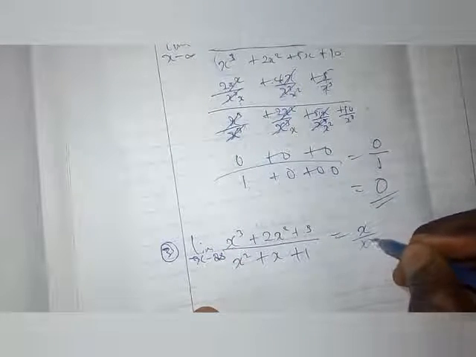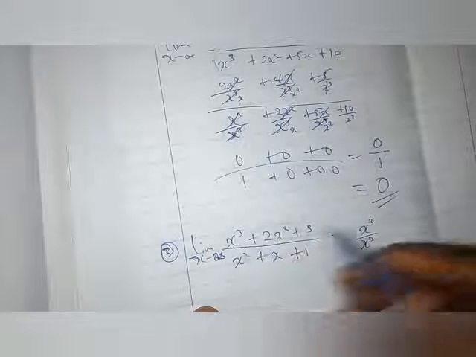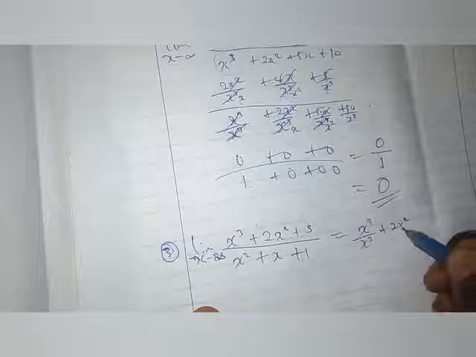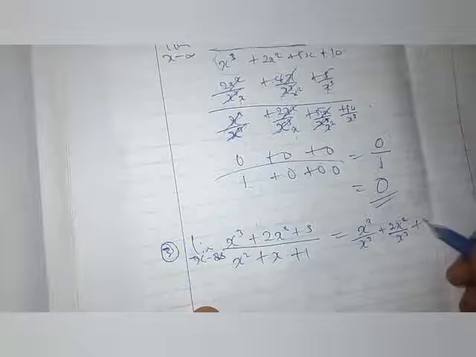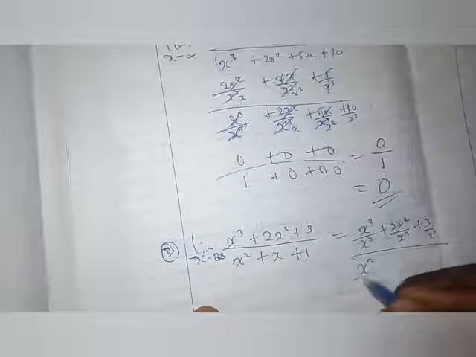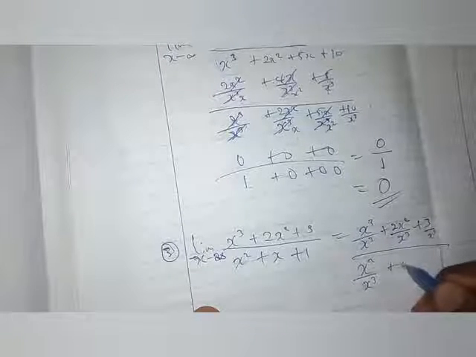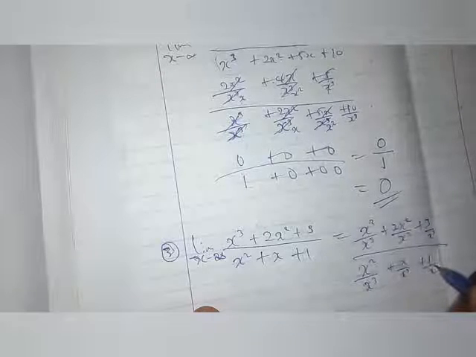If you divide through by the highest degree of x, you have x to the power of 3 over x to the power of 3, since the highest degree of x here is 3, plus 2x to the power of 2 over x to the power of 3, then plus 3 over x to the power of 3, all over x squared over x to the power of 3, plus x over x to the power of 3, plus 1 over x to the power of 3.